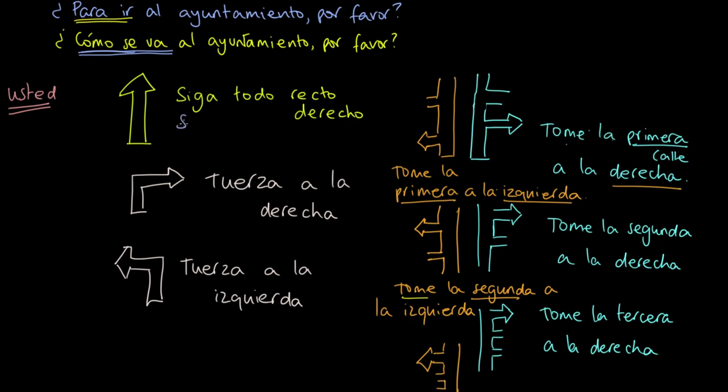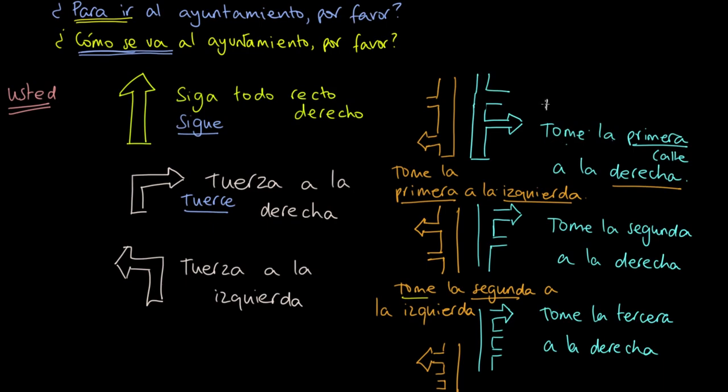So instead of siga, we'll have sigue. Sigue todo recto. Okay, carry on straight on. But this is using the tú form. Instead of tuerza, we'll have tuerce. Tuerce. So tuerce a la derecha, tuerce a la izquierda. Perfectly correct. You're just addressing the person as tú.